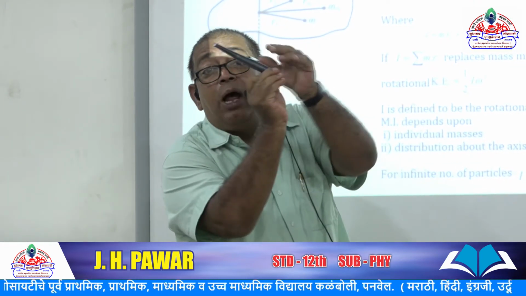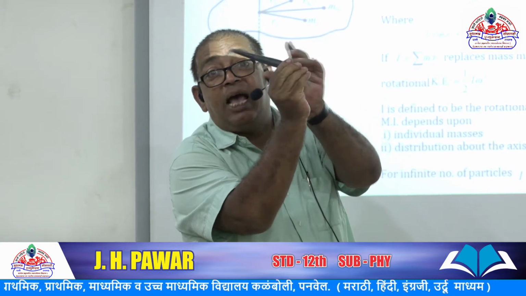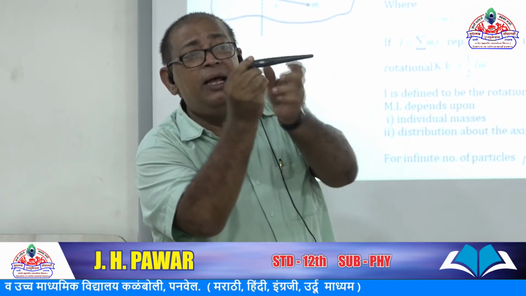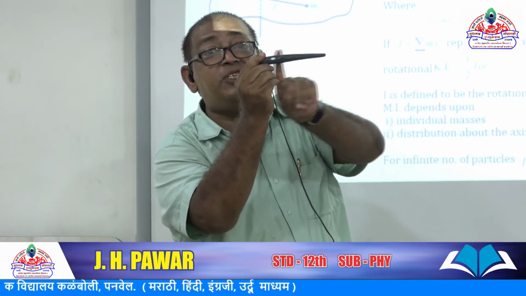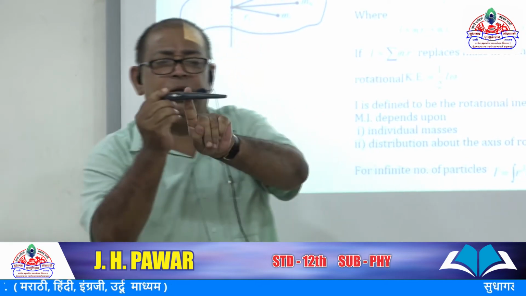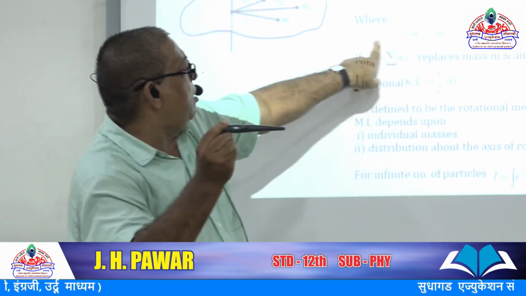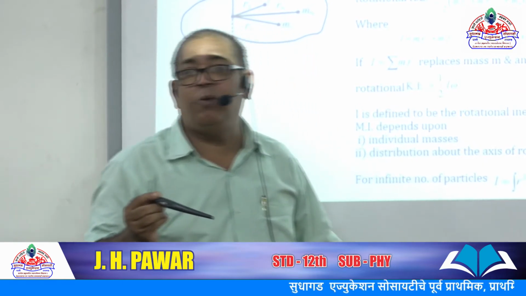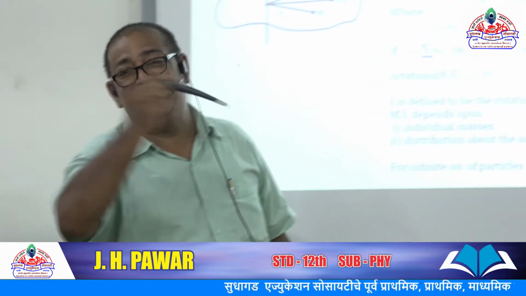But look, I am rotating this pen along this axis from the end. Then what happens? Here the distribution of mass is more separated. The mass of each particle remains the same, but the distance from the axis of rotation goes on increasing, so these distance squares increase. That's why the moment of inertia also goes on increasing.